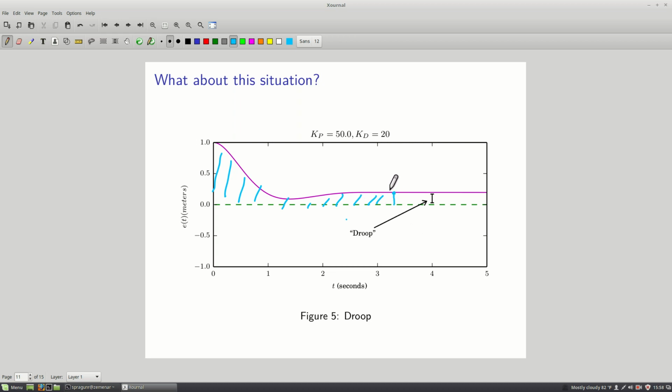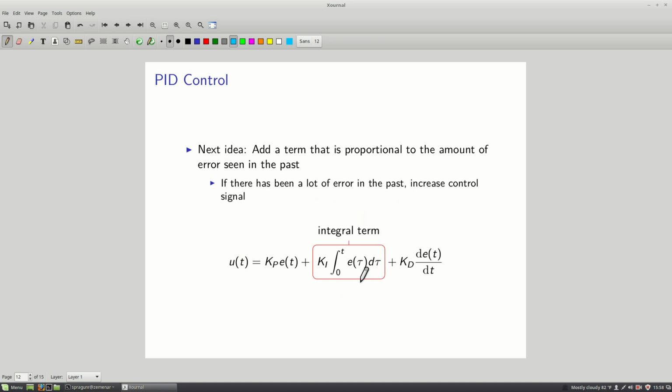And as you can see, if I don't drive that error down to 0, the area under the curve is going to keep increasing indefinitely. So eventually, if I'm including that in my controller, I'm going to push harder and harder over time until eventually I do drive that error to 0. So that's the idea behind this integral term.